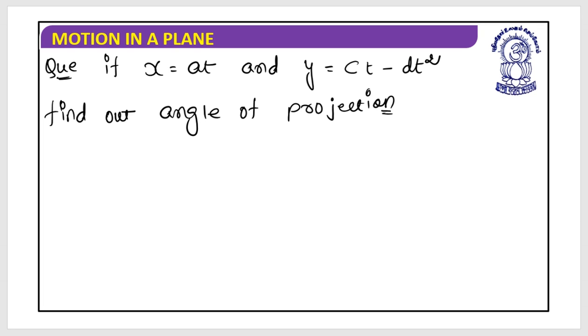Yes, this is what they have told us: if x equals a t and y equals ct minus dt square, then find out the angle of projection.